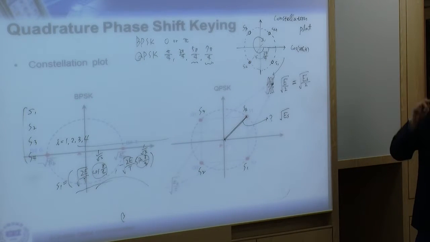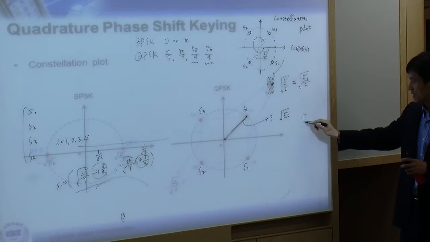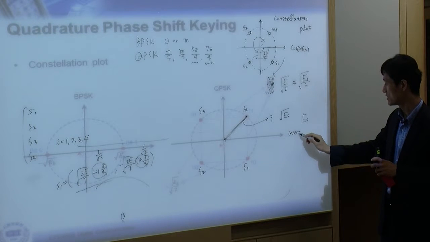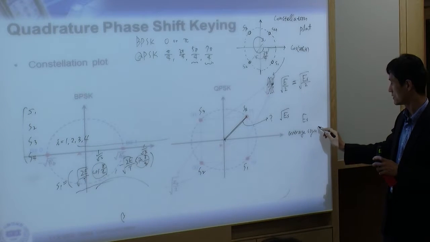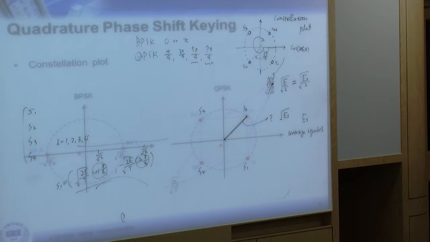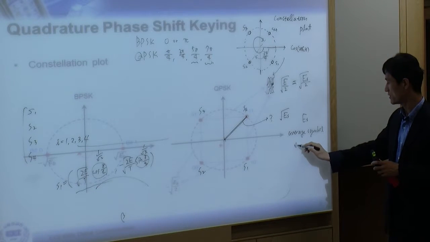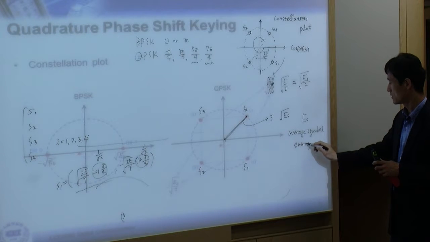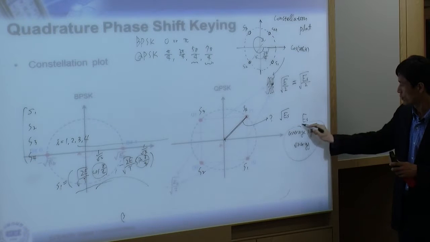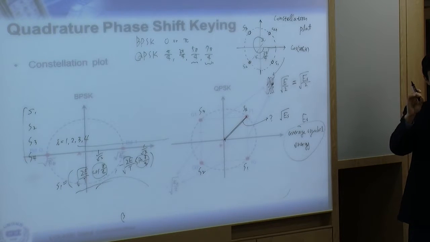Why is that? ES is your average symbol energy. Yeah, average symbol energy, which means that your symbol has a certain energy on average, right?